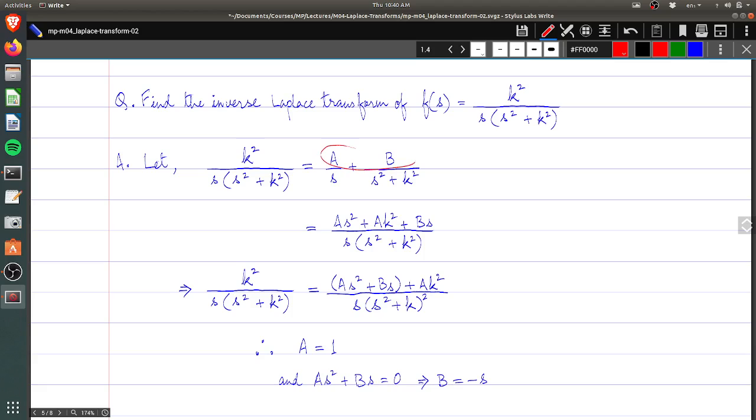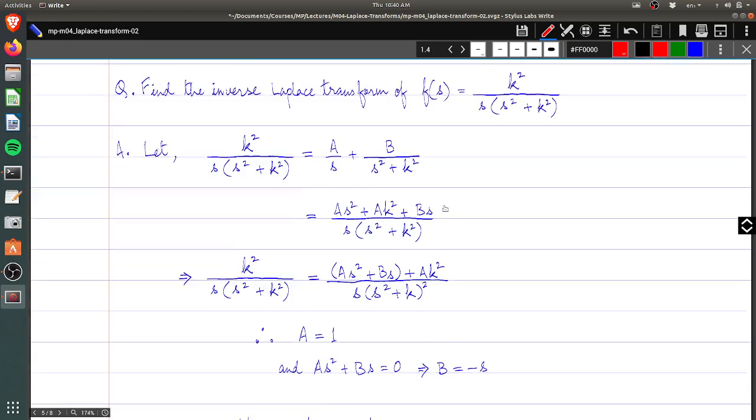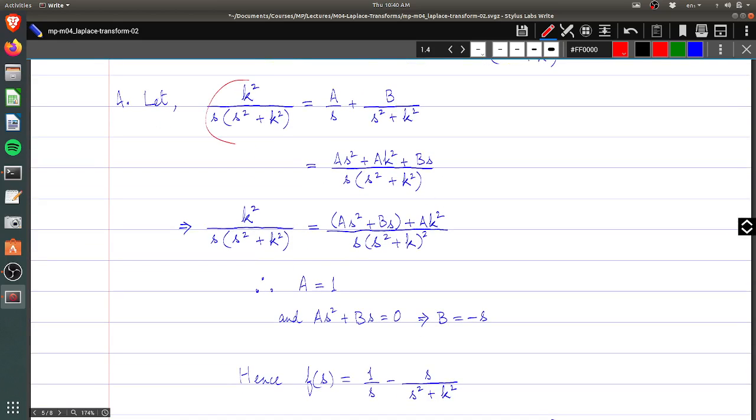Now we add these two together, and then in the numerator we have a s square plus a k square plus b s divided by s into s square plus k square. So on the left hand side we already have this. Okay, so now if you compare the numerators on both sides, so we have k square here and we have a k square here. So if I compare this a k square with this one, there is a 1 here, that means a must be equal to 1.